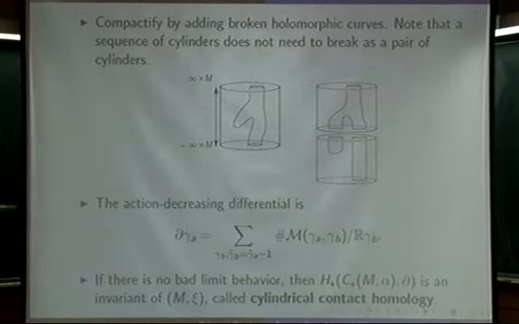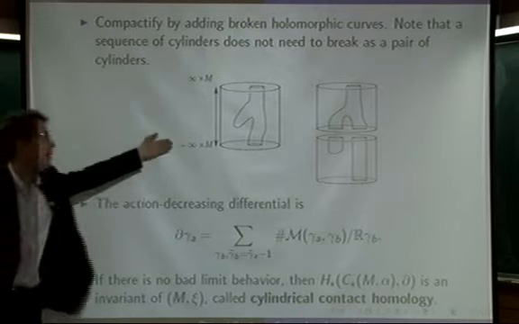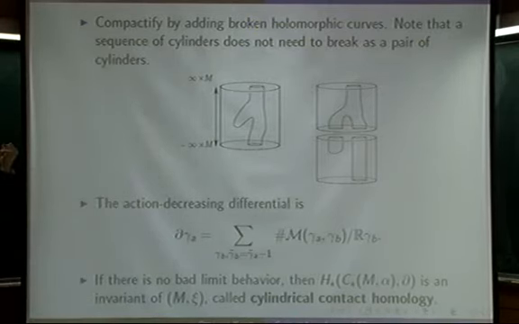Let me point out that if there is no bad limit behavior like this, so if every sequence of holomorphic cylinders breaks into a nice pair of cylinders, then we can define a homology theory, and this homology theory is an invariant of the contact manifold. I'll call this homology theory cylindrical contact homology.